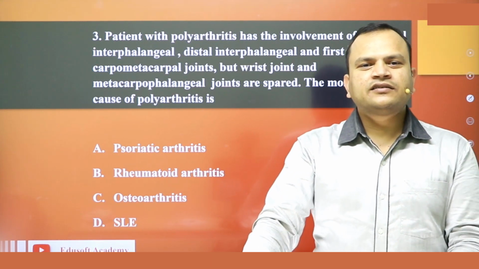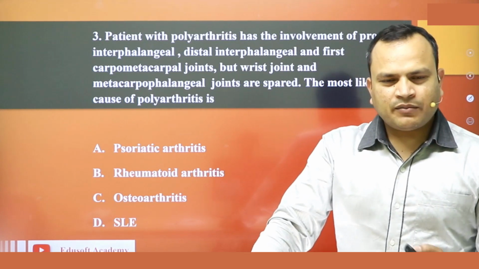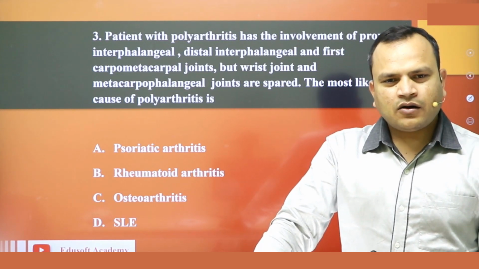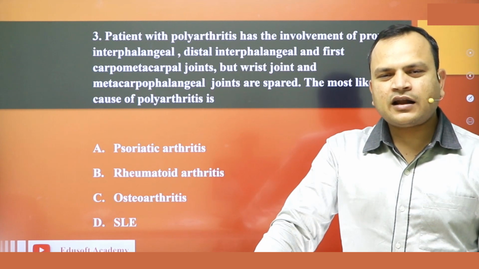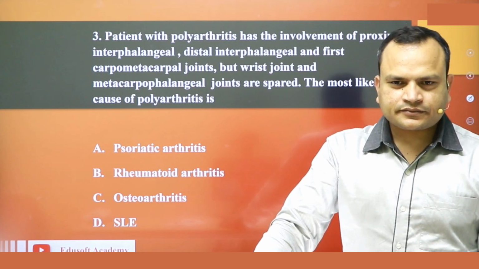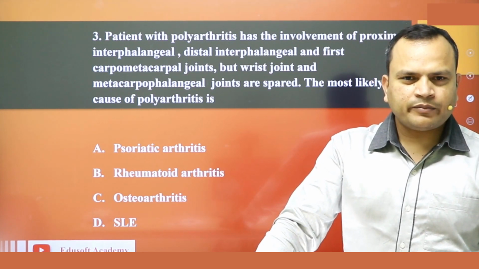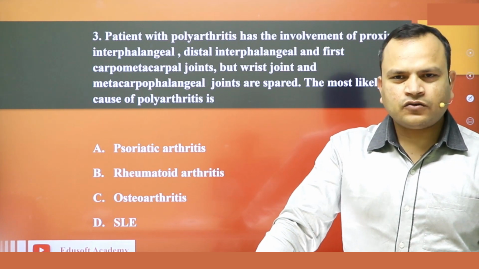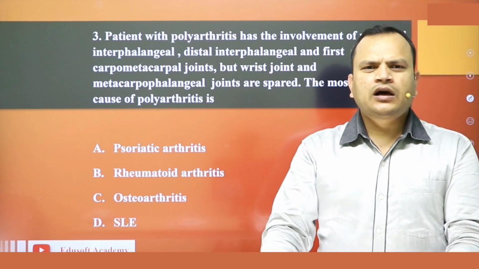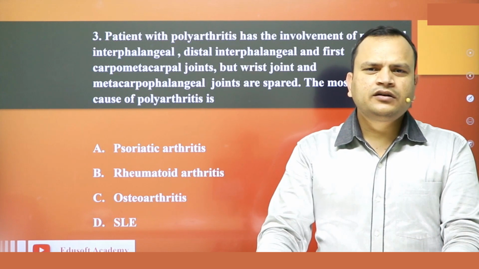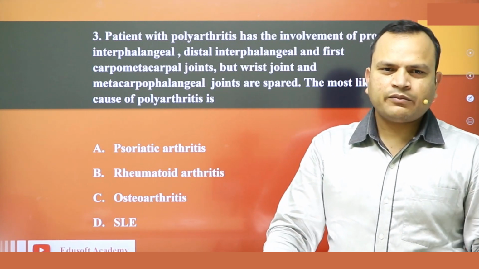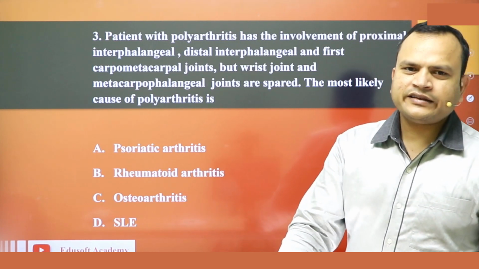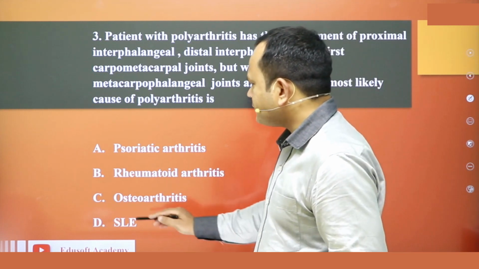And SLE usually involves multiple joints; all the joints are involved, along with many soft tissue complications, and they also have nodules. Usually SLE doesn't involve the first carpometacarpal joint. So, the likely answer is osteoarthritis.